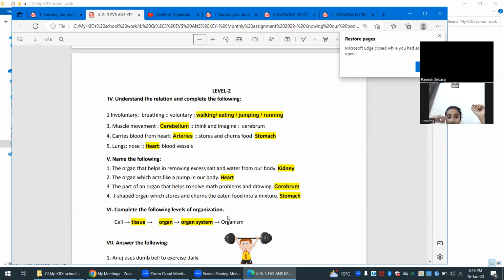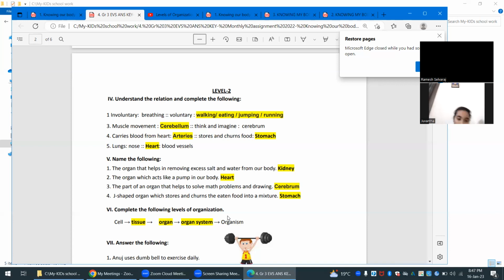Because we can't stop or start it, it's not in our control. Yeah, it's an automatic action. And heartbeat, is it voluntary or involuntary? Involuntary, because when we want to stop the heart pumping blood, it will not stop.